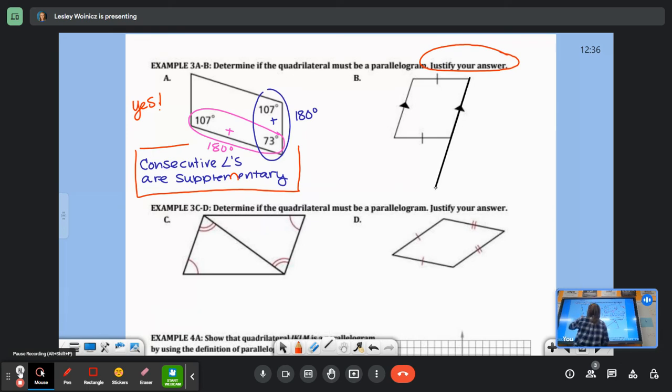Okay, if I extend this parallel line, and then I'm going to take this side, everyone can see that I'm not doing any funny business, and I'm going to rotate it a little bit.